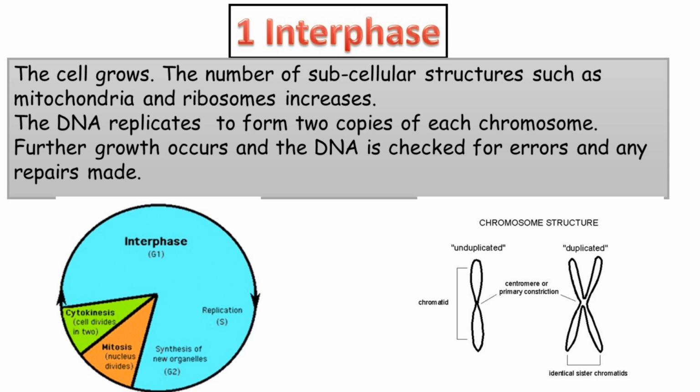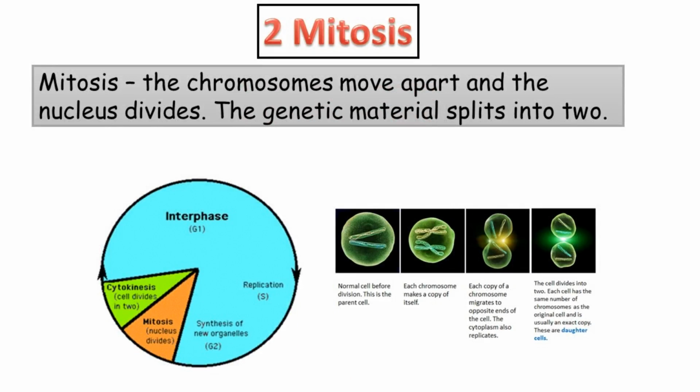The cell also replicates or copies each chromosome so that the 2 new daughter cells each have an exact copy of the original DNA. The second stage of the cell cycle was called mitosis. This is the stage when the chromosomes move apart and the nucleus divides.